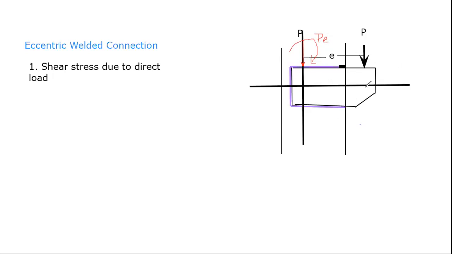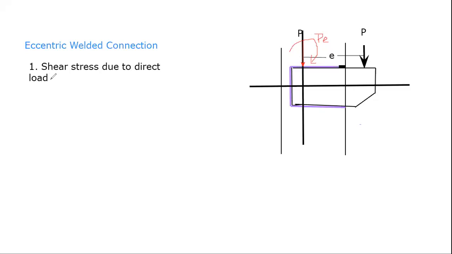In the equivalent loading arrangement, we have this load, which is basically the direct load acting downward along the CG, and we have an equivalent bending moment due to this eccentric loading, and the value of that moment is going to be P into E. So there will be two forces acting due to this direct load and due to this bending. The first type, due to the direct load, is going to be shear stress.